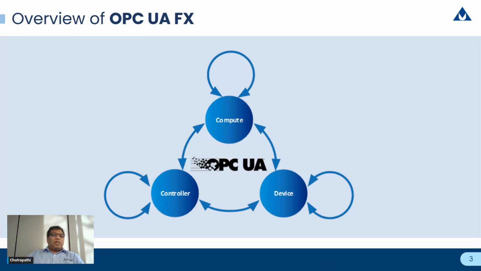These are the topics we usually begin with, in case anybody is joining for the first time in this series, so that they get an overview of OPC UA FX.